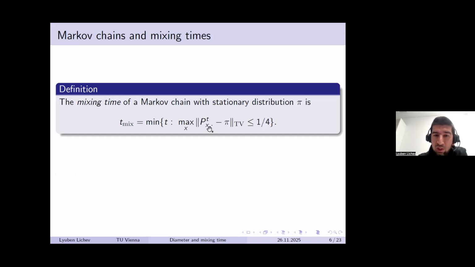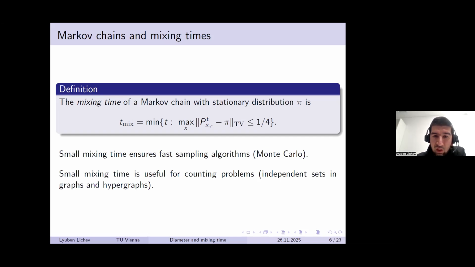So here by px dot, I denote the probability distribution given by the Markov chain started from x after t steps. Pi is our stationary distribution, and when we maximize this total variation distance over all possible states x, and we want this quantity to be at most 1/4, so the smallest t for which this happens is our mixing time.